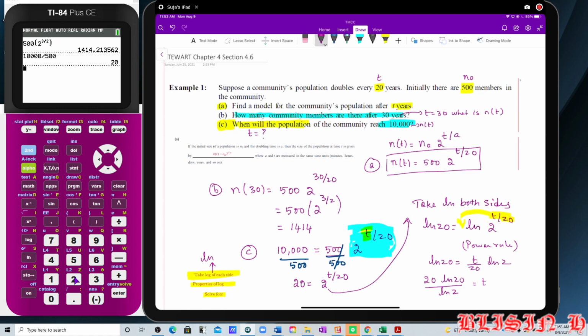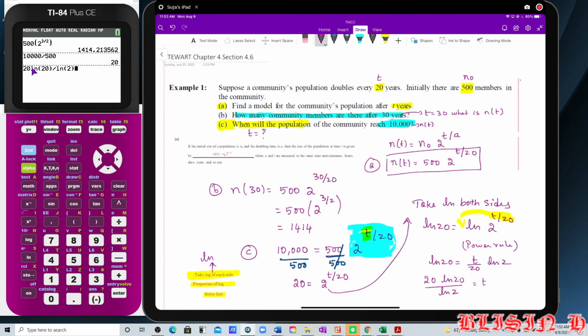The only way I can do this is by using my calculator. So I'm going to put 20 times ln 20, close parentheses, divided by ln 2. Now if I want, I could have put parentheses around the 20 ln 20 too, but it doesn't matter because it's multiplication and division.